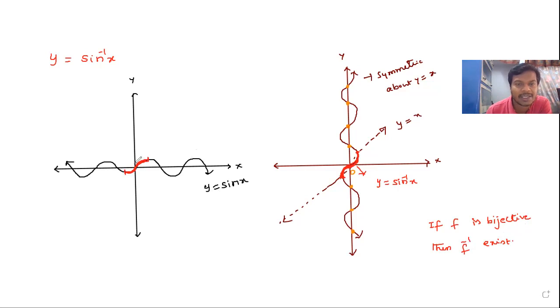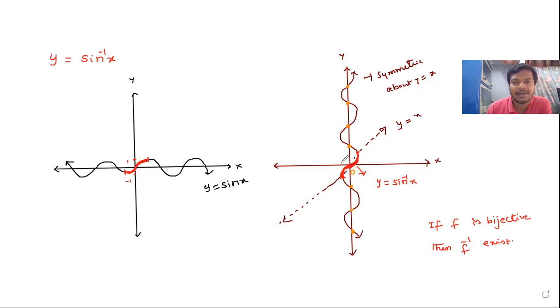It is strictly increasing, so it is one-one, and it is defined from minus 1 to plus 1, right? Codomain equals range. Only then does f inverse exist. So this part is the bijective part. Only for this part, if you draw the symmetric graph about y equals x, then we get this graph. It is known as y equals sine inverse of x.